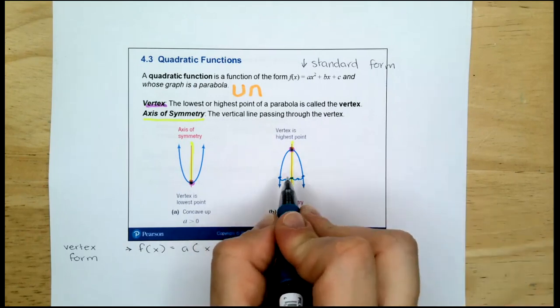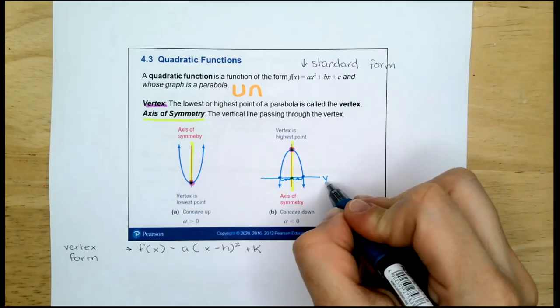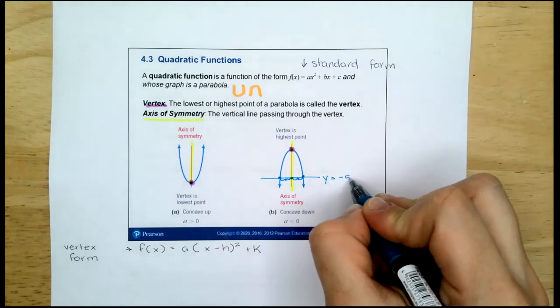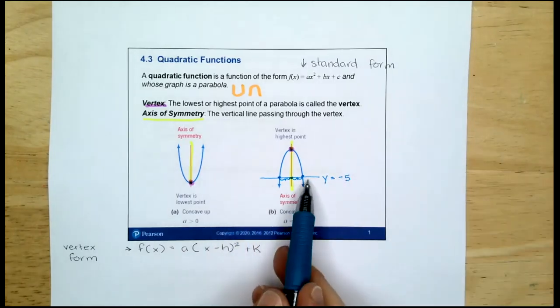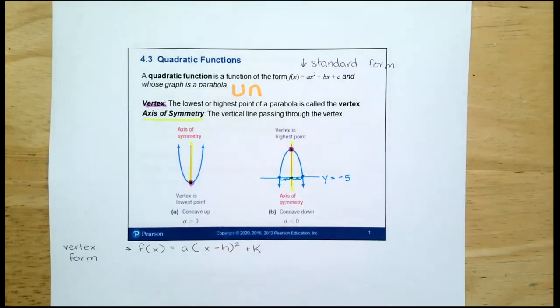If these were both on the same line, like the line y equals -5, that point would be the same distance from the axis of symmetry as the other point. It's mirroring each side of the vertex, all right?